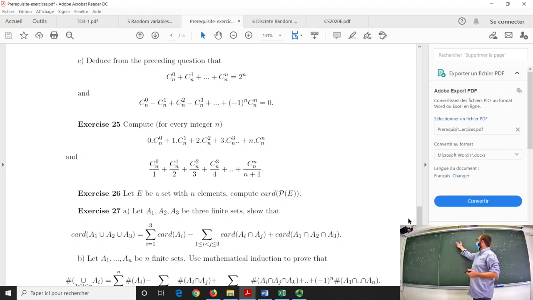So from this sum to this sum, what I have to do, in fact, is make this k appear here. I have to make this k appear. Do you have an idea? So, my basis will be this one, what I have proved previously.